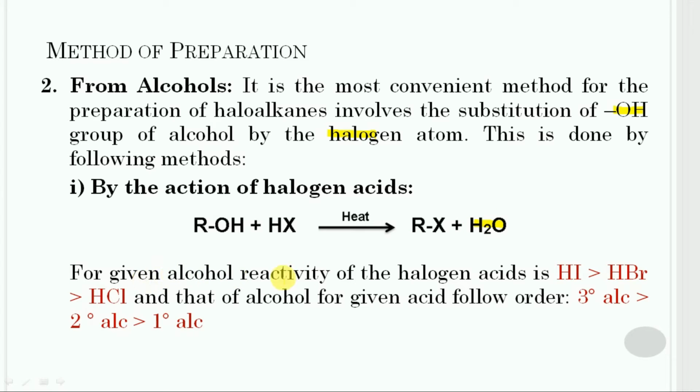For a given alcohol, the reactivity of halogen acids follows a similar trend: hydroiodic acid reacts faster in comparison to hydrobromic acid and hydrochloric acid. For a given acid, the order of alcohols is that tertiary alcohol reacts faster in comparison to secondary, and primary alcohol reacts very slowly.